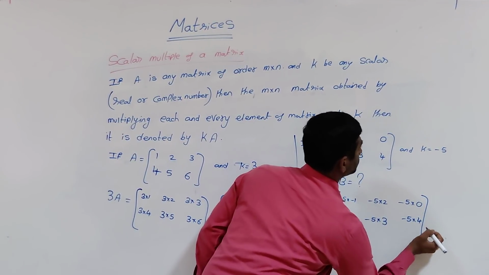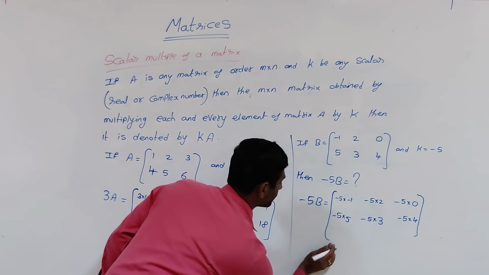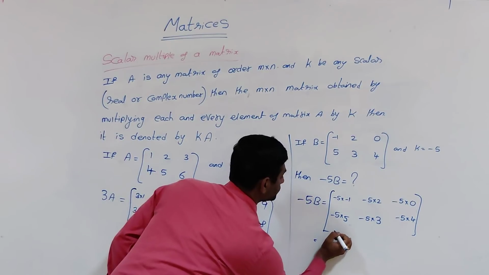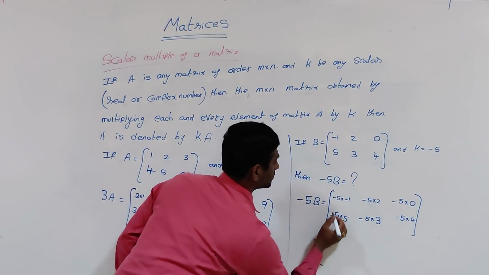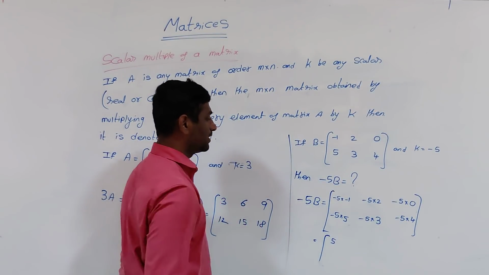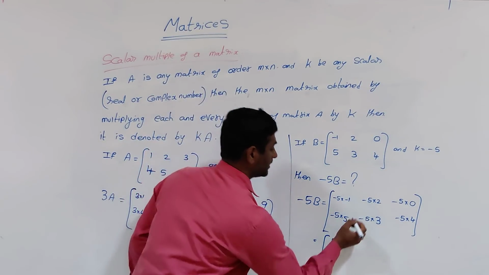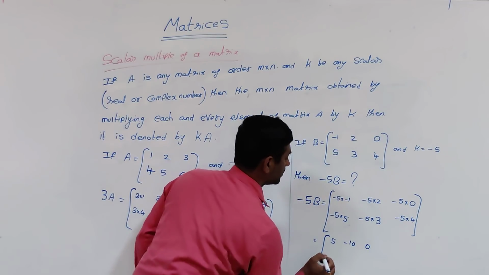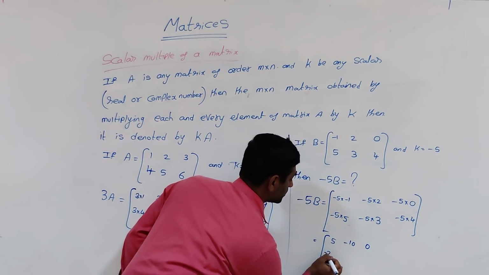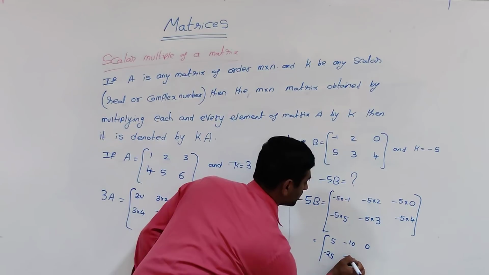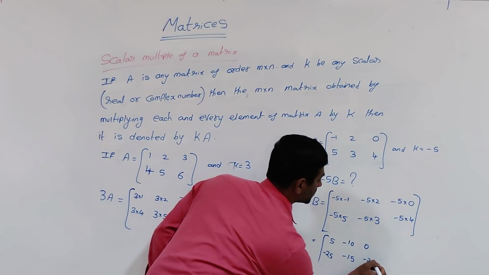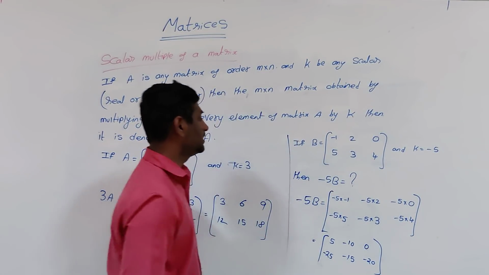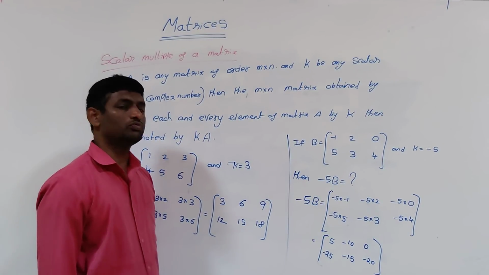That gives 5, minus 10, 0, minus 25, minus 15, minus 20, which is again the same size, 2 by 3.